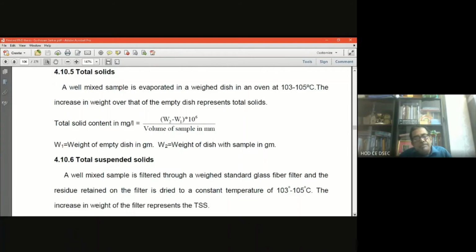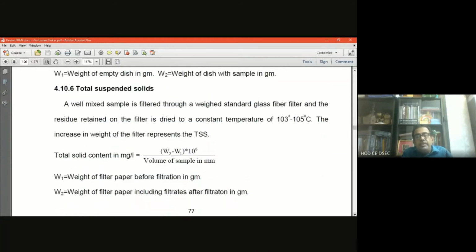So what will be the total solid content? W2 minus W1 divided by 50 into 10 to the power 6. Why 10 to the power 6? Because when you convert the milliliter sample into liter, 10 to the power minus 3 in the denominator goes to the numerator as 10 to the power 3, and gram to milligram conversion is 10 to the power 3. Fine.